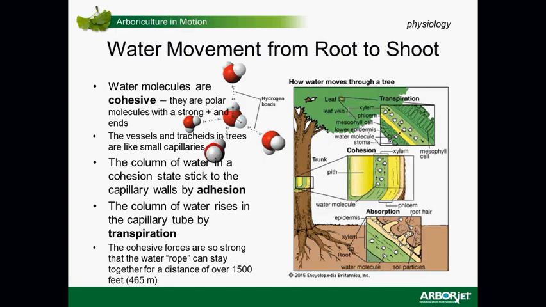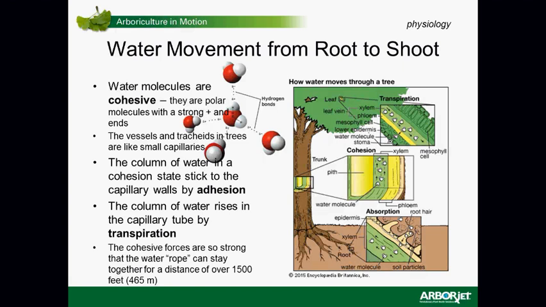The other aspect is adhesion, which means these hydrogen bonds, those plus and negatives, also, generally I think the walls are negative. That plus also adheres to the wall of the vessel or capillary.